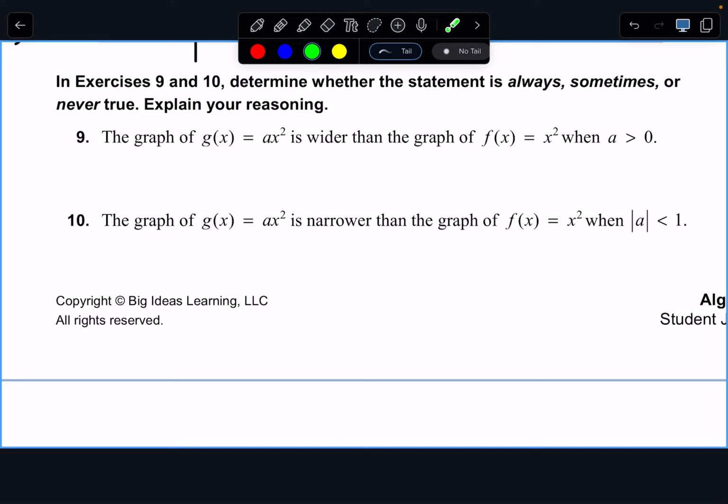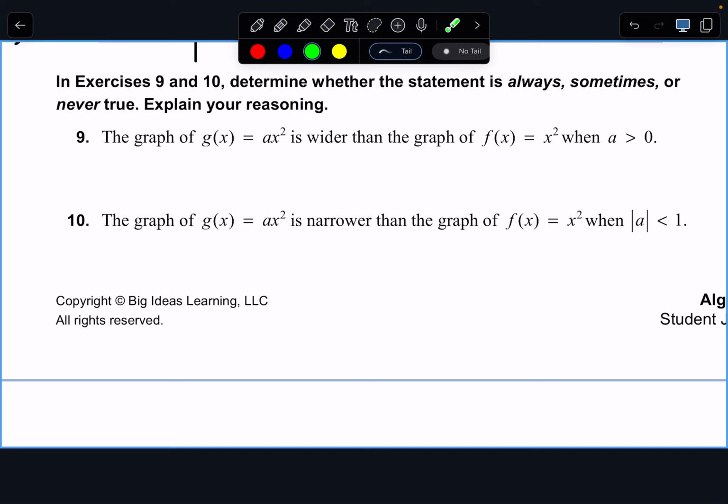All right, number 9. The graph of g(x) equals ax squared is wider than the graph of f(x) equals x squared when A is greater than 0. Is narrower the exact same as skinnier?